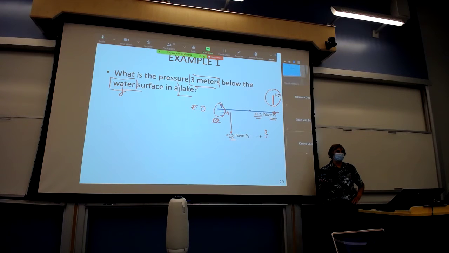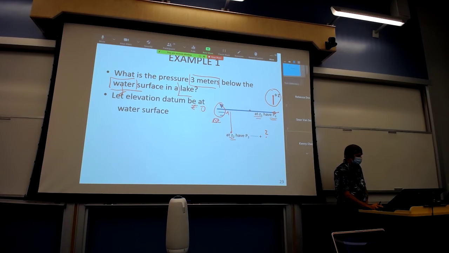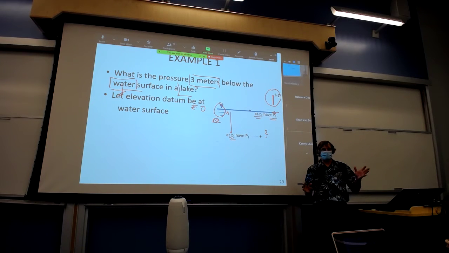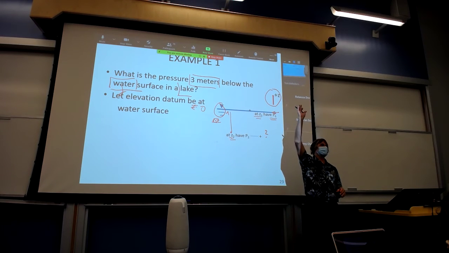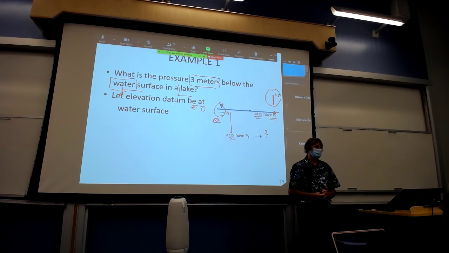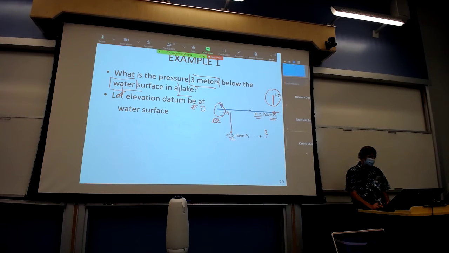The only thing left in that equation is P2 of those 5 variables. So we let the elevation be at the water surface. We assume that. Can you put the elevation datum anywhere? Absolutely. It could be 500 feet above, 10,000 feet below. It's incumbent that you can actually figure out the 2 elevations at those points. So don't make the elevation datum part of the unknowns.